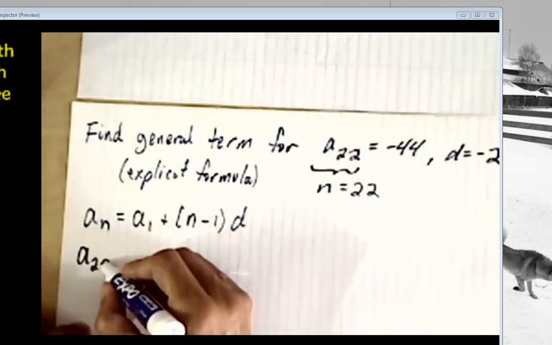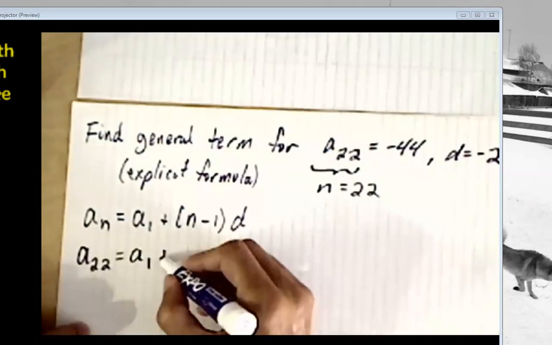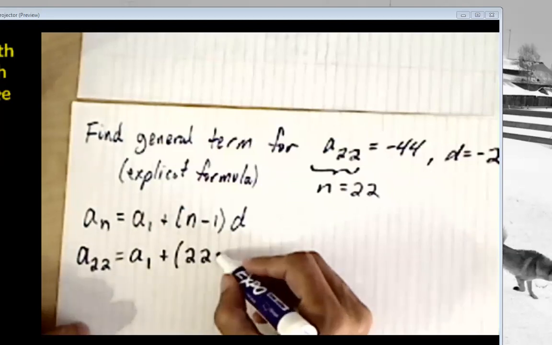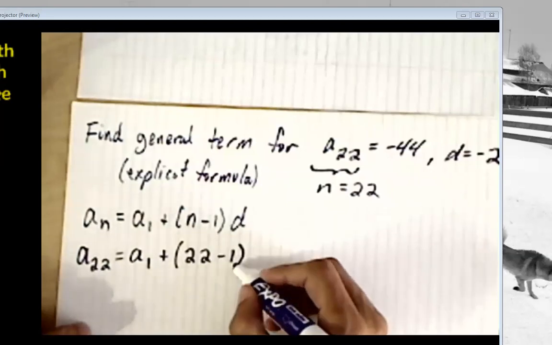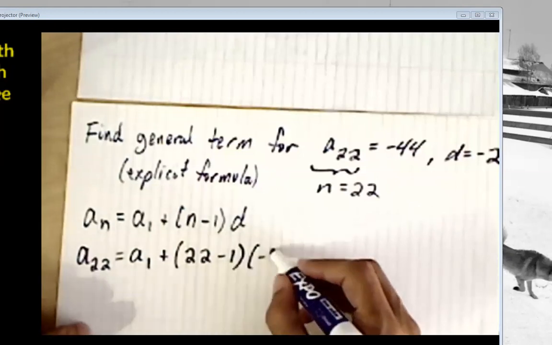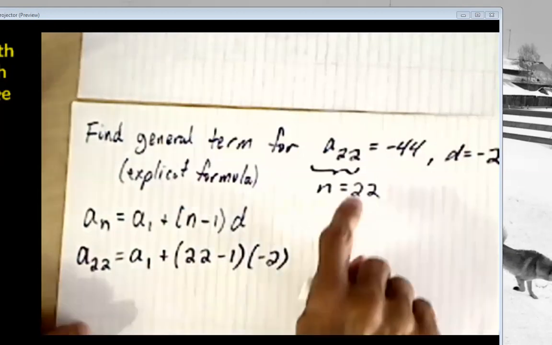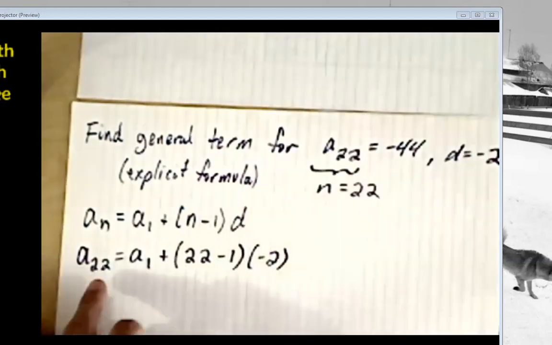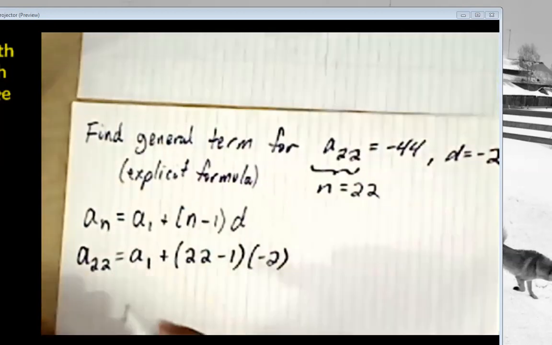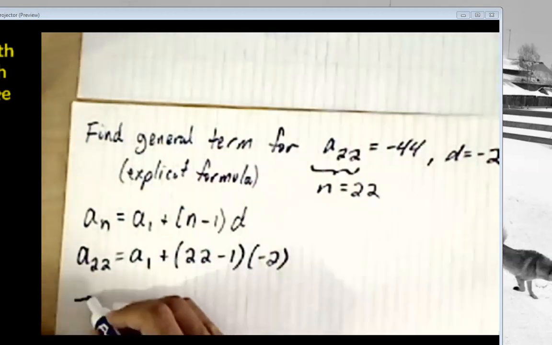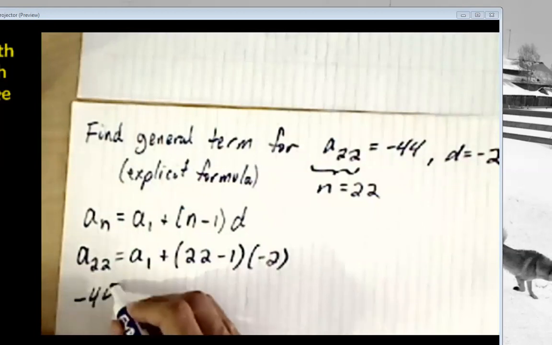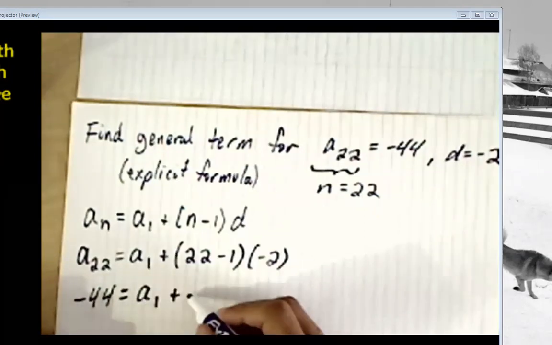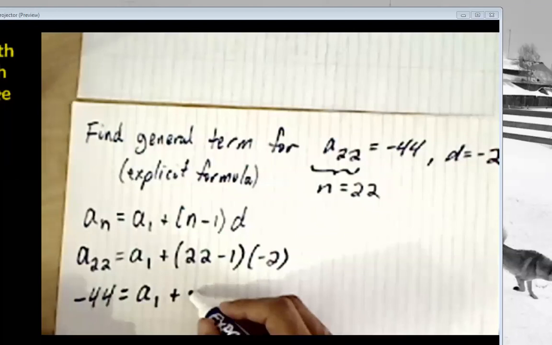So 22. Peter knows. He'll tell you while I'm writing this down. Peter, what's minus 44? Minus 44 is A22. So this is just updating the N's because we got it. And now it's like, oh, look, A22 is the same as minus 44. You can certainly do that in one step if you want. Just being teacher-like and doing it in two there.